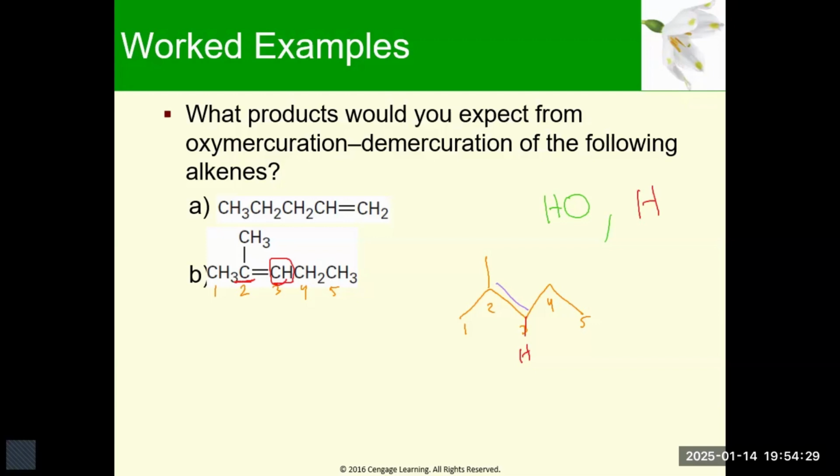And so now that I know that, I'm going to redraw my structure without the double bonds. And on the side that has more hydrogens on it, I'm going to go ahead and add my hydrogen. And the side that had fewer hydrogens on it, I'm going to go ahead and add my OH. And that is my answer for those 2 problems.